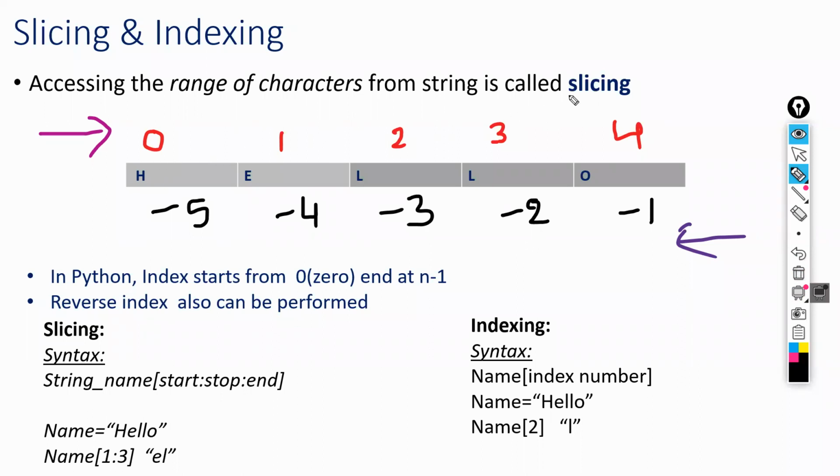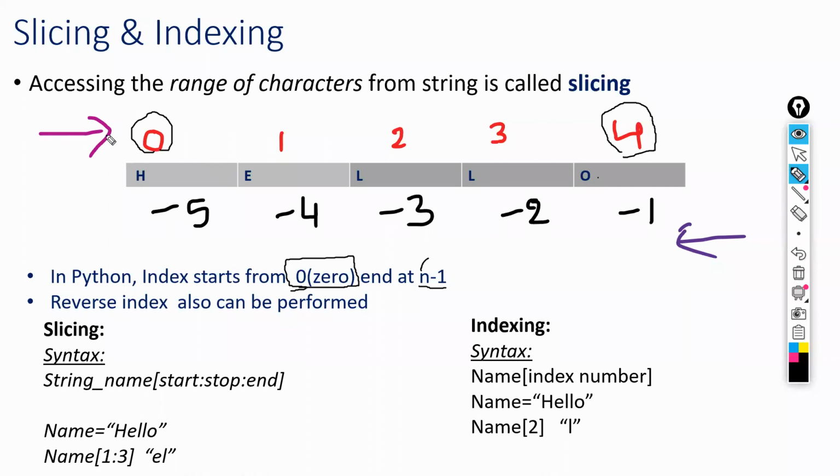Actually, how do we count? Simply 1, 2, 3, 4, 5. But in Python, the index starts from 0, and it ends at n-1. N is the length of the string. For example, the length is 5; 5 minus 1 is 4. It ends at 4, started from 0.